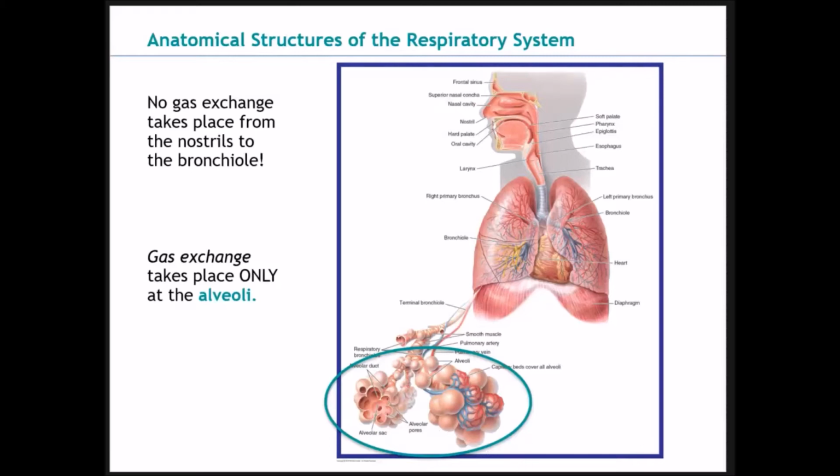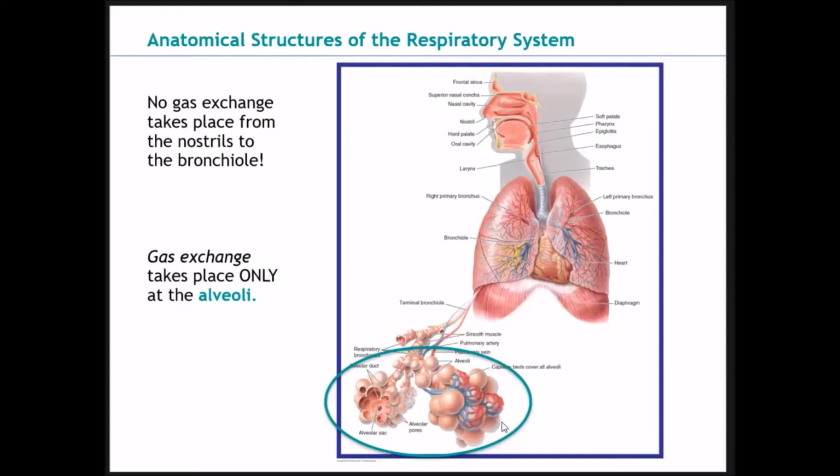That large number of alveoli results in a tremendous surface area for gas diffusion. This is why one person can live a normal life with just one lung, due to all the alveoli that we have and all the capillaries surrounding each one. And that's what you can see here in this bottom circled picture.